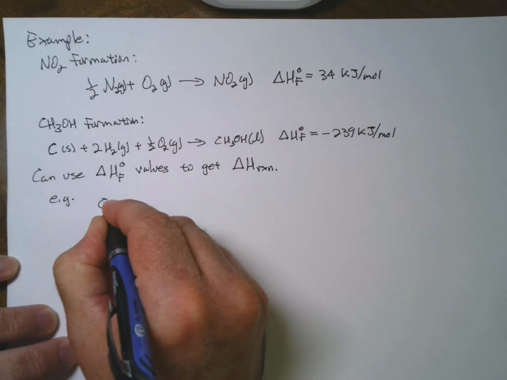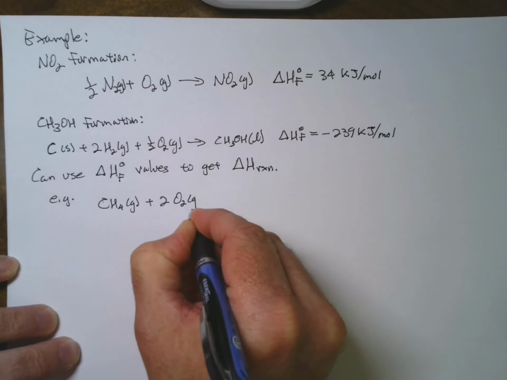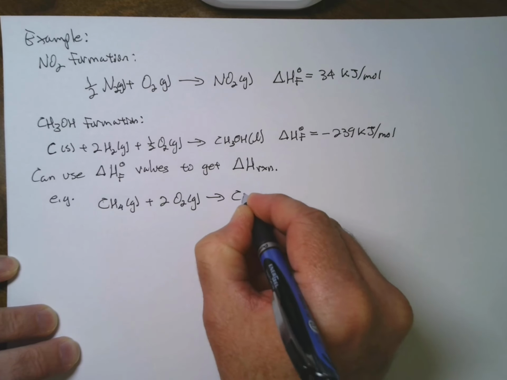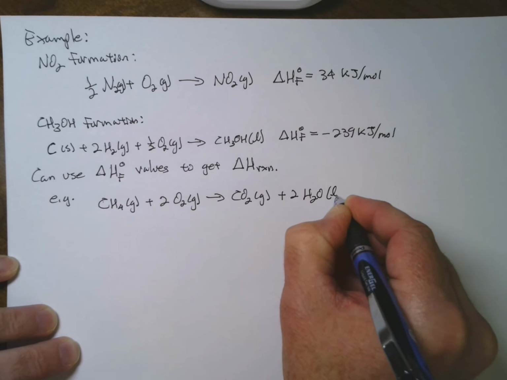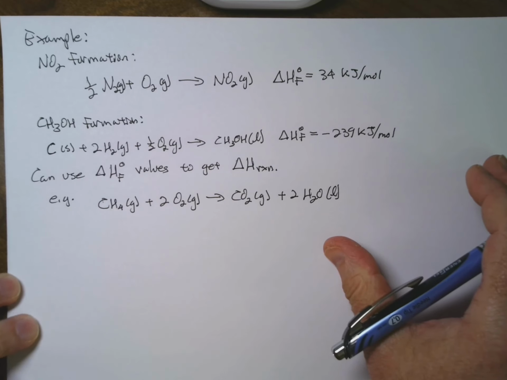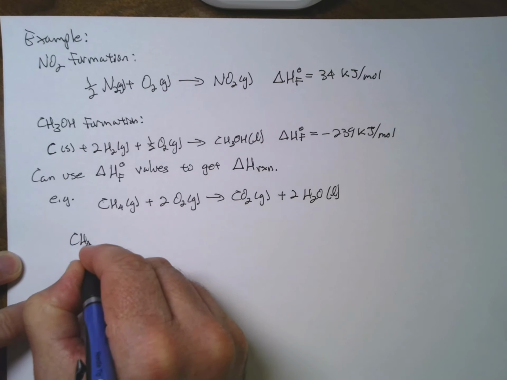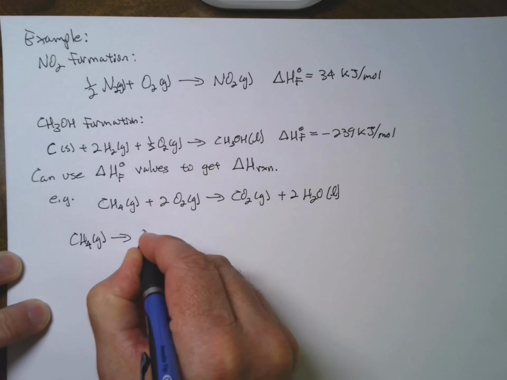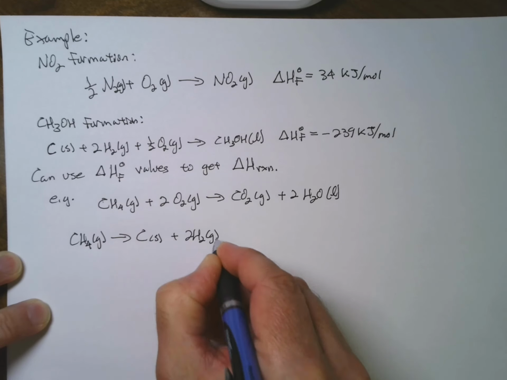For example, we'll have CH4 gas plus 2O2 gas reacts to give CO2 gas plus 2H2O liquid. So essentially what we're doing is taking apart each reactant down to its elements and building up each product. So CH4 gas is solid carbon plus 2H2 gas.